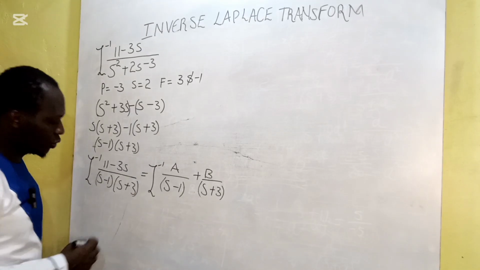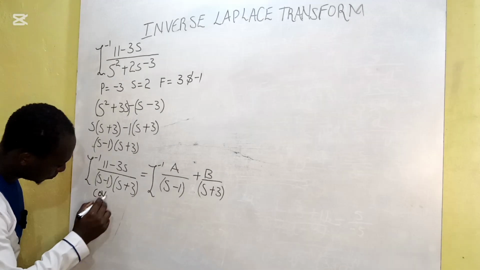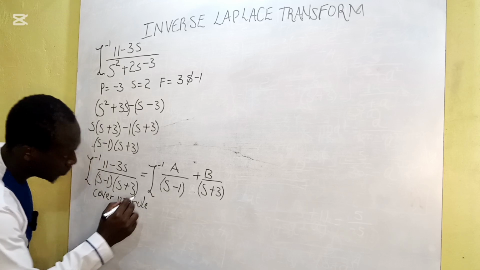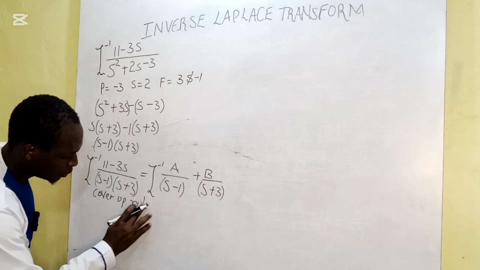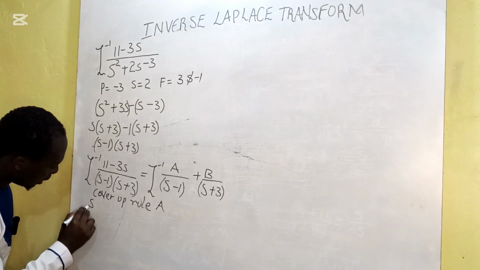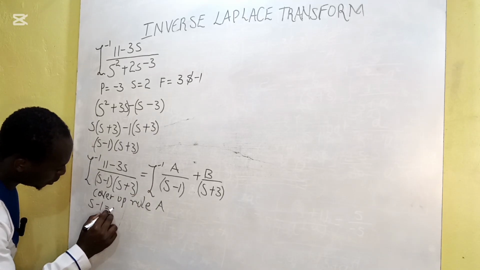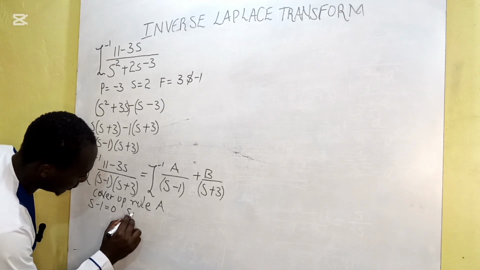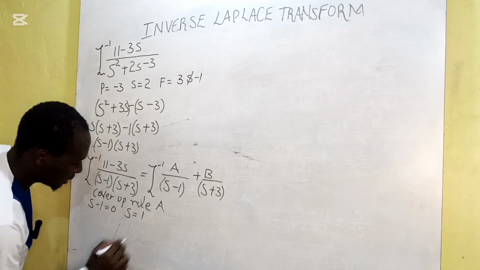For us to get the value of A, s minus 1 will be equal to 0, to mean that s must be 1.